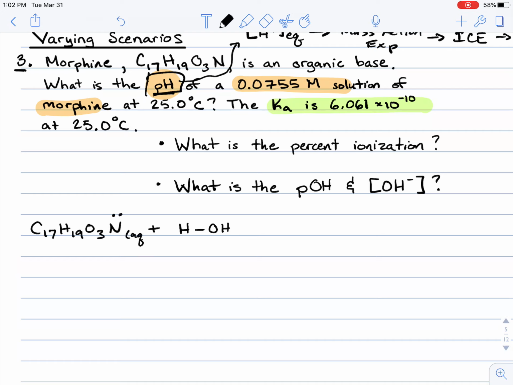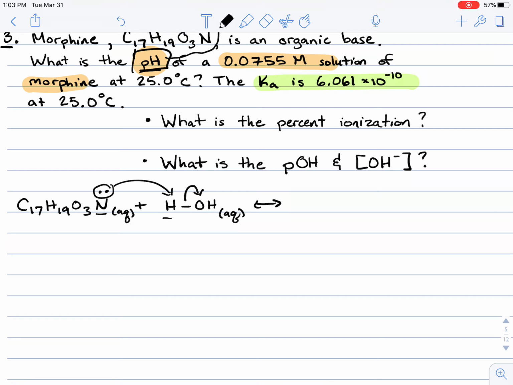I just want to show how the proton is moved from one side to the other through this transfer of electrons. And so we're going to take this lone pair on this nitrogen. And that lone pair, when it is donated to this hydrogen, makes a covalent bond between nitrogen and hydrogen. And so this covalent bond between hydrogen and oxygen, those electrons need to go back to oxygen. Thus, we get a conjugate acid.